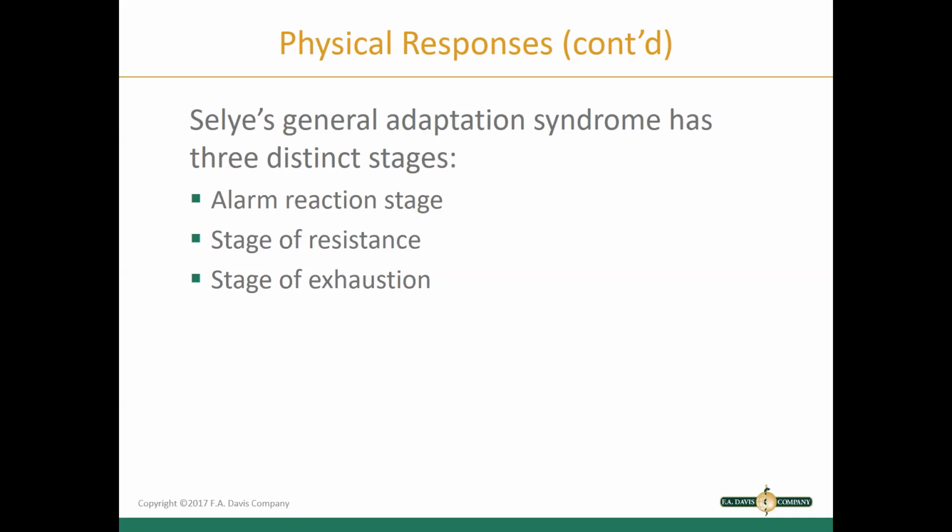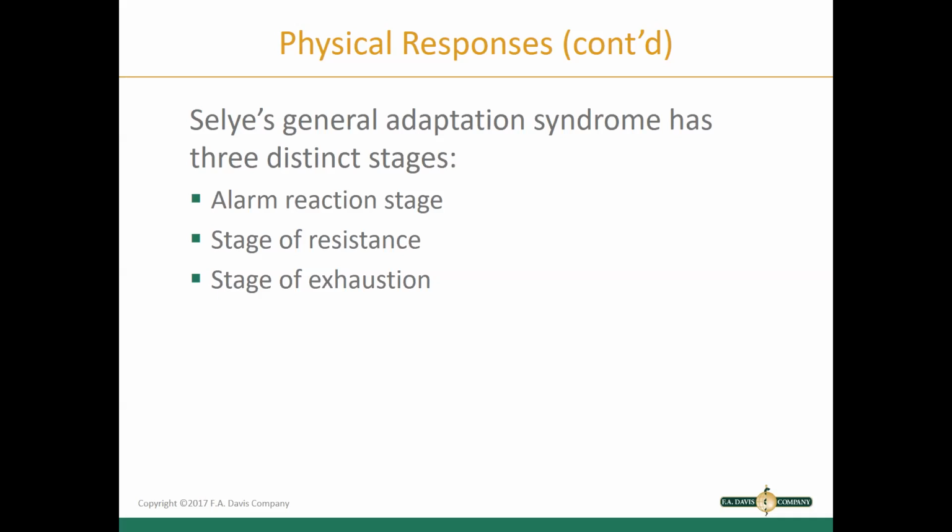But if we're constantly living that haunted house day after day, our body tries to build a stage of resistance, or adapt to what's going on. If we're able to adapt, then we don't go on to the third stage. But if our body's not able to adapt at all, then we move on to the stage of exhaustion, where the adaptive energy is depleted and diseases of adaptation may ensue.